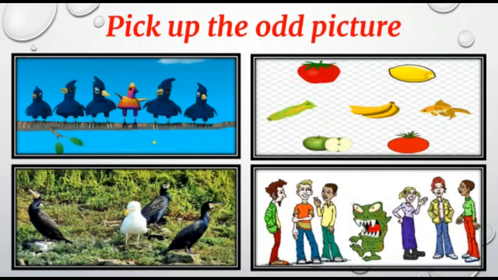So again that different type of animal is odd. So children, now you understood what an odd picture is. In a simple way, the picture which doesn't belong to the same group is different. We call it odd.